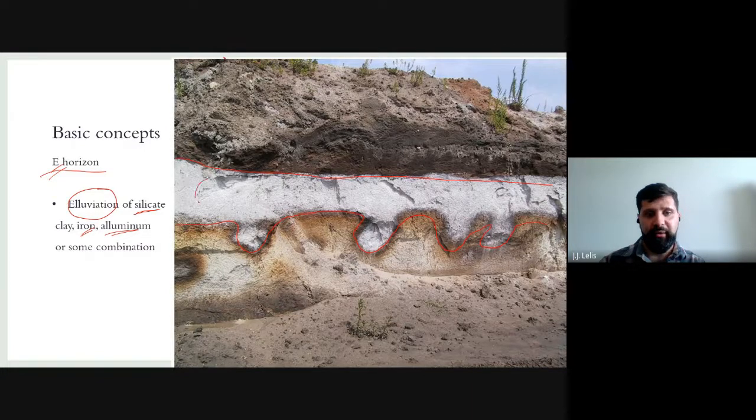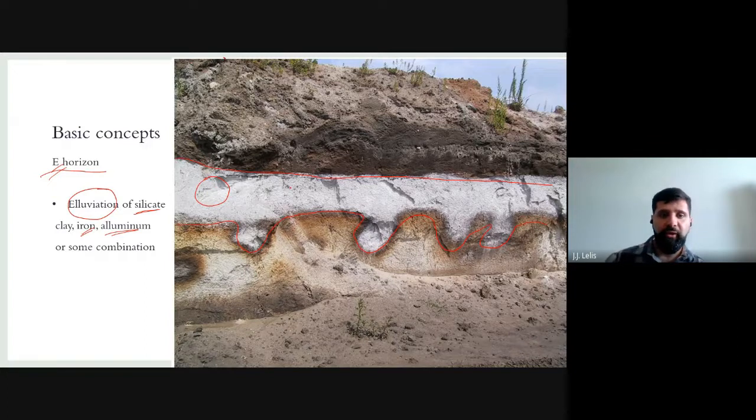And here we have a white horizon, a material without color, and this white horizon is commonly sandy too. This white and sandy horizon was formed by the loss of materials that give color.